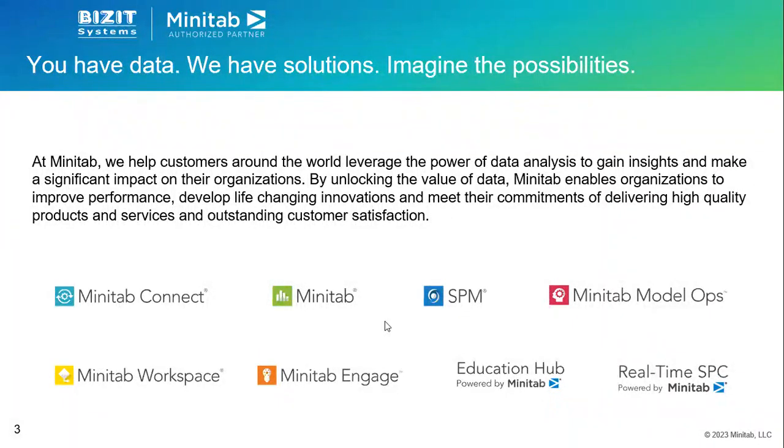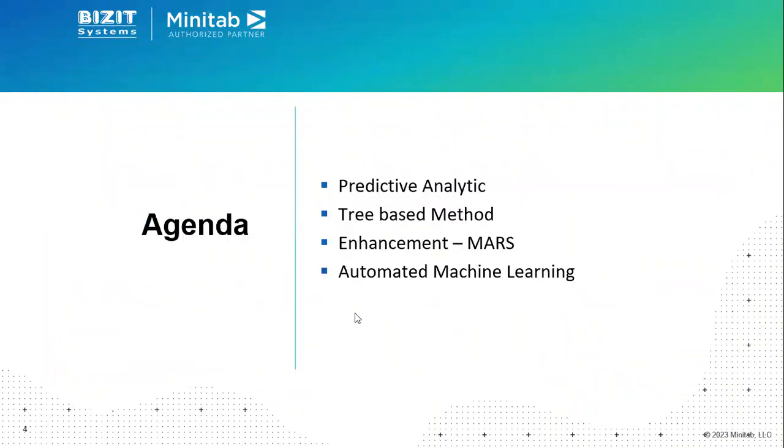So today we focus on Minitab Statistical Software with the additional module we call Discover, which is for predictive analytics. But if you are interested in knowing more about other products, feel free to contact us for more information on that.